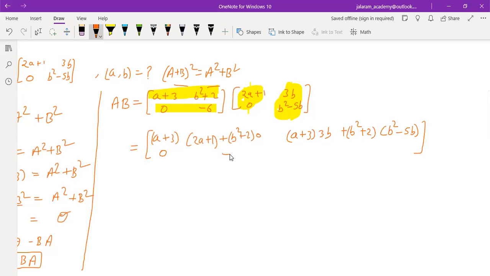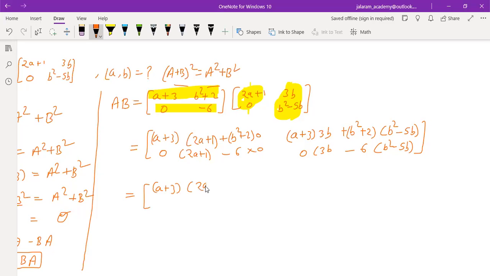Then second row, first column: 0 minus 6, and elements are repeated. Again 0 minus 6, elements are repeated, 3B, B square minus 5B. So don't expand the bracket.